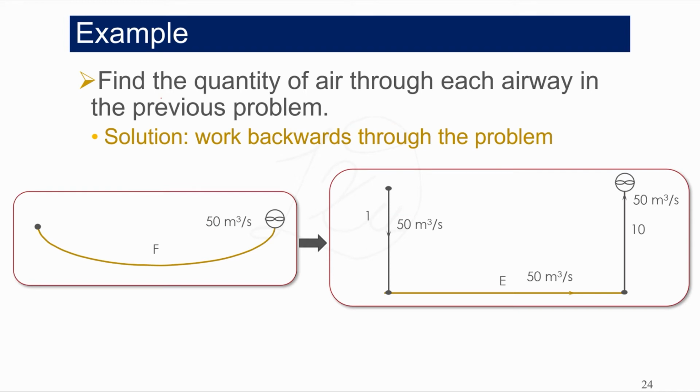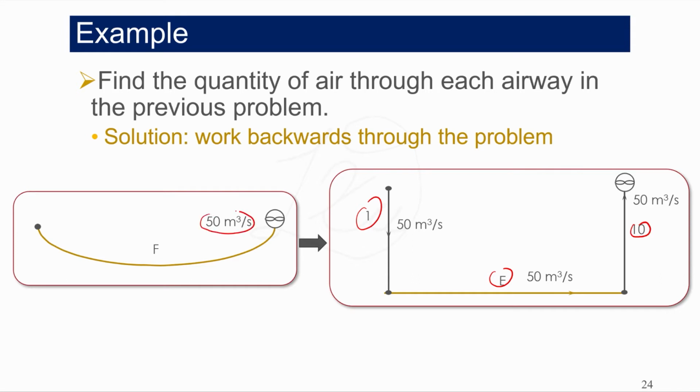The next question is to find the quantity of air through each airway in the ventilation network. We will work backward to solve this problem. From the last step in the previous slide, we have this single equivalent airway F. It came from three airways, airway 1, E, and 10.